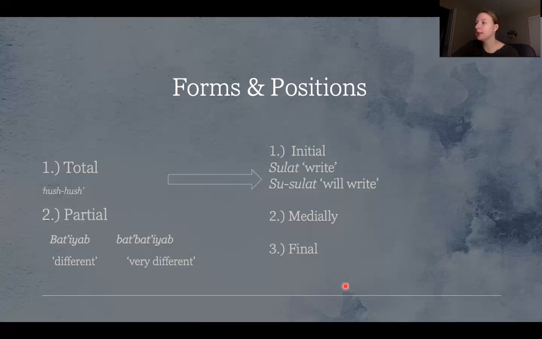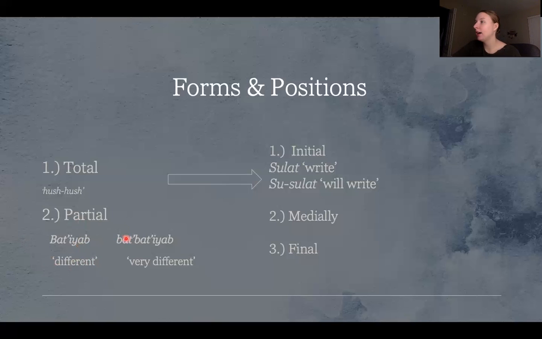So looking at this example here, it can be observed that the beginning of the base is reduplicated. This comes from Hanzib, which is a language in a speech community close to the Russian-Georgia border. So we have Batiab, I apologize if I'm pronouncing this wrong, which means different.